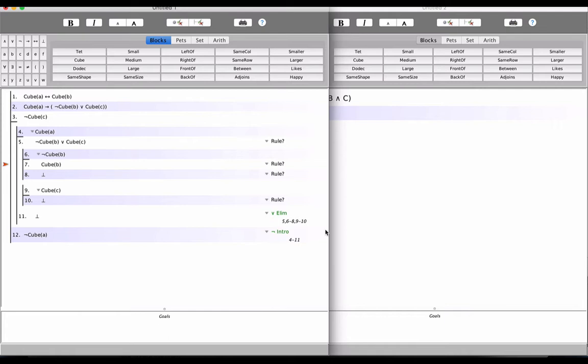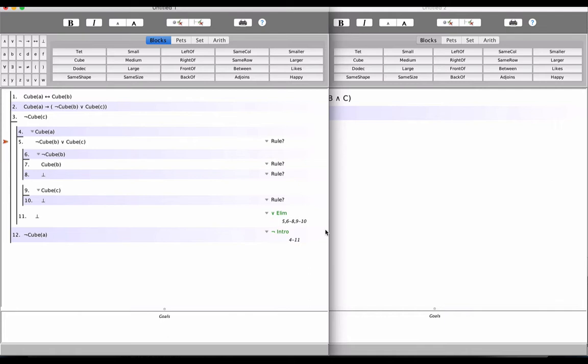Now we've got a few spaces to fill in, right? We need to justify line 5 and cite the line number or numbers from which line 5 was derived. We need to do the same for 7, 8, and 10.